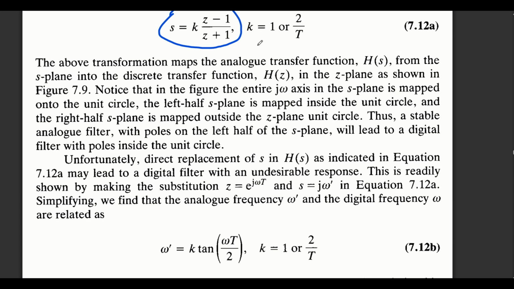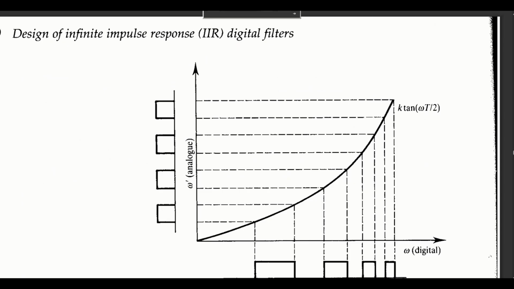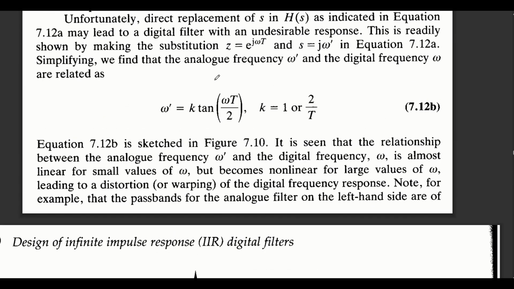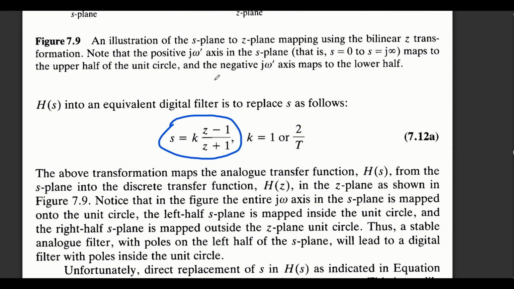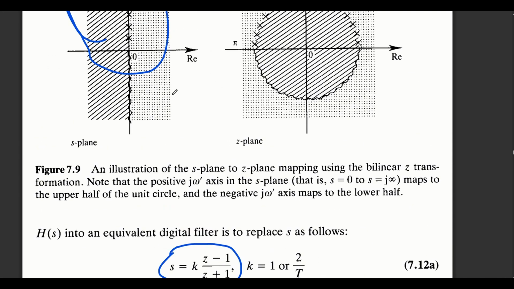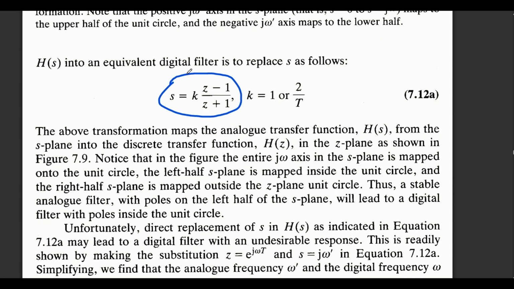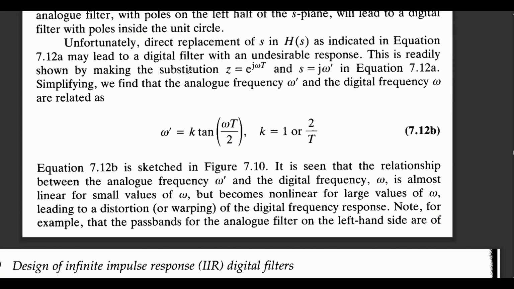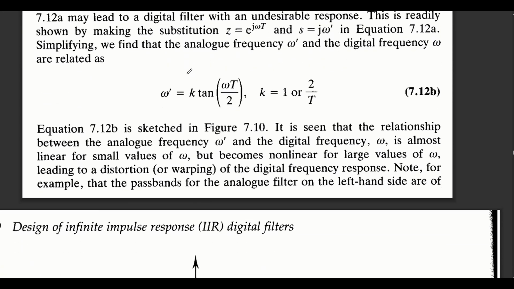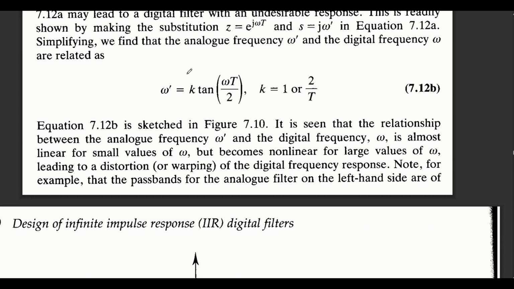Now, one thing you do is that you have to convert between the analog frequency and the digital frequency, okay? Remember, we are transforming from this S domain to this Z domain. And also remember that the transform is not linear, right? But for most parts, it can be conceptualized as linear. But to be able to always get the right values, we have to do something we call prewarping, okay?